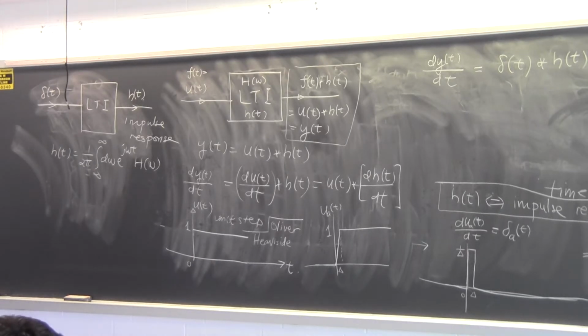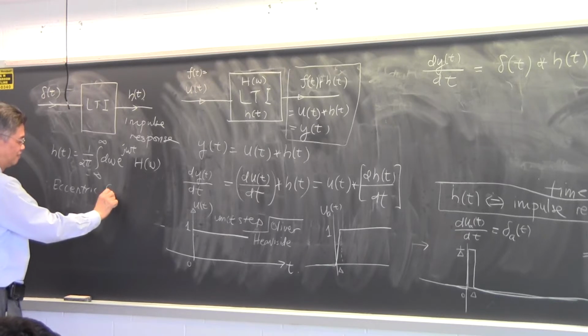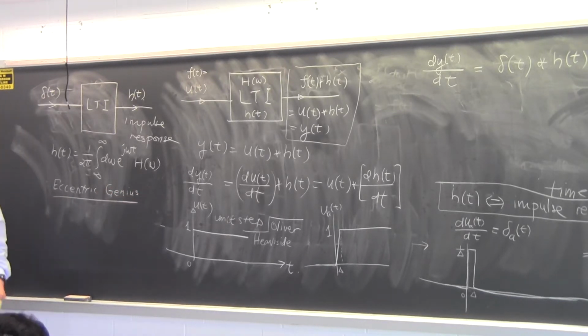Okay. Wasn't Heaviside the one who condensed Maxwell's equations? Oh yes, the same Heaviside. Okay. Heaviside also discovered the way to reduce losses in telegraph wires many years ago. Okay. People call him an eccentric genius. Okay, he's an eccentric genius.